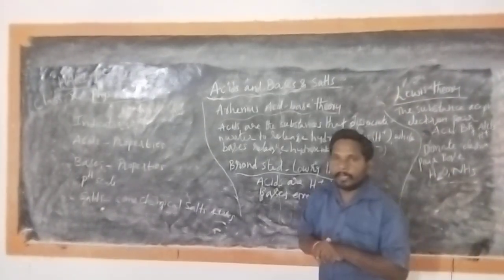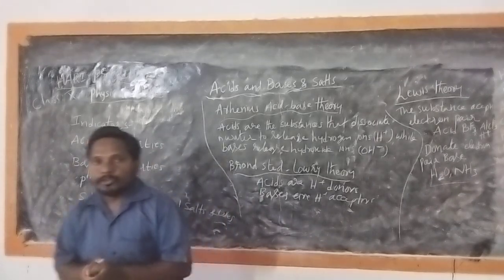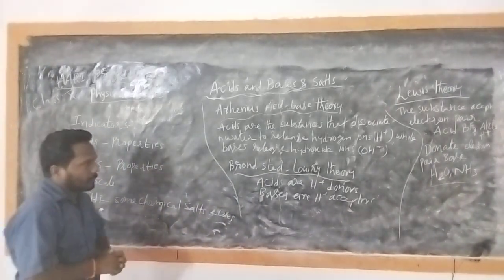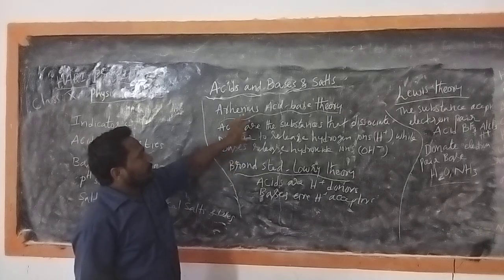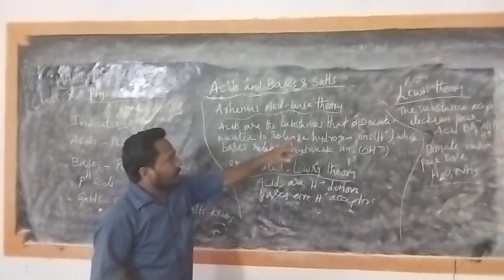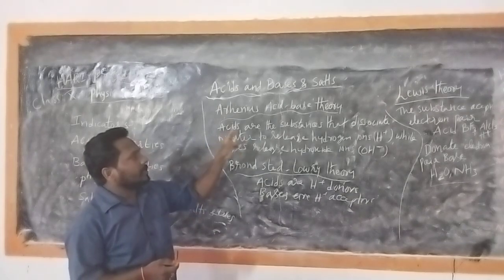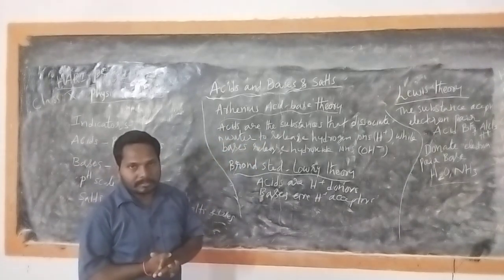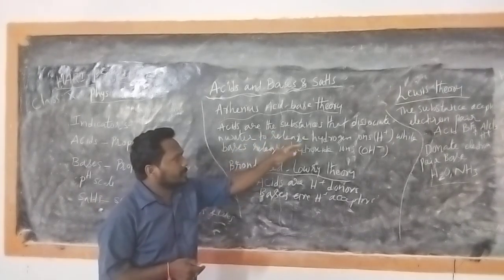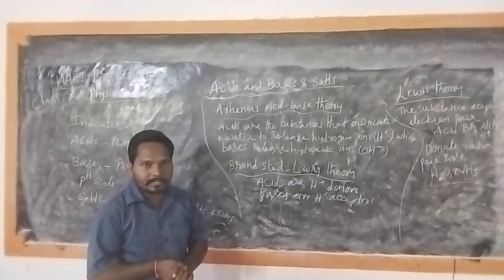According to Arrhenius, acids are the substances that dissociate in water to release hydrogen ions.